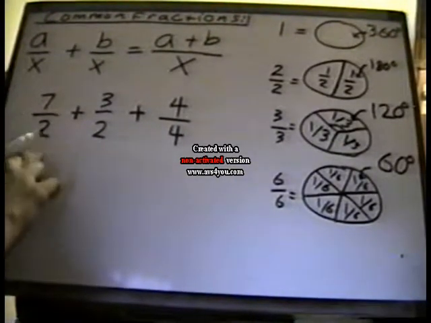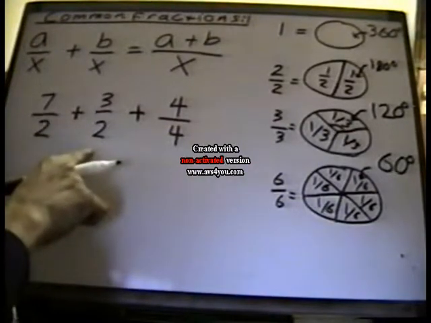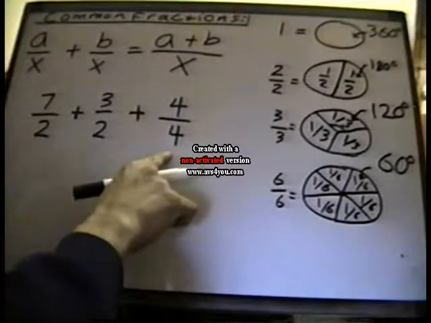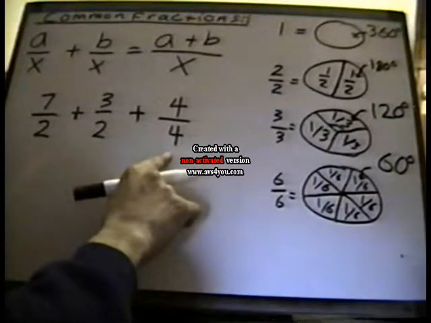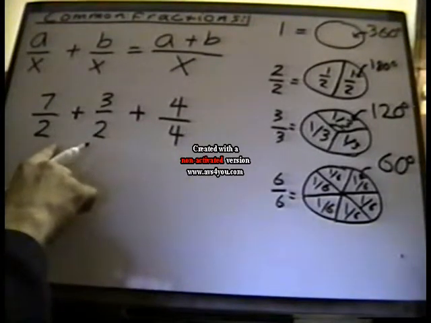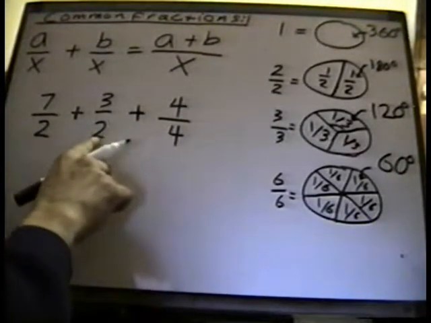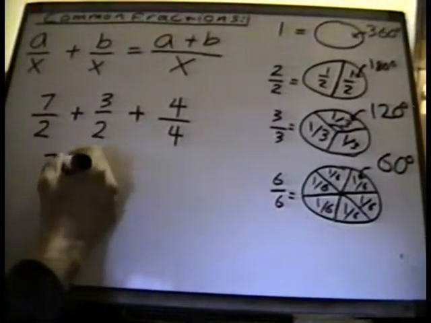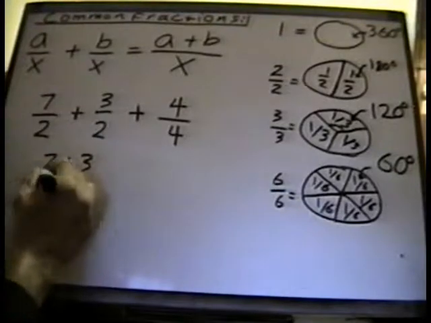Now here, these two fractions have like denominators, and this is the unlike denominator. Okay? Now you can convert these into like denominators first, or we can add them first. It will be easier for you to add them.